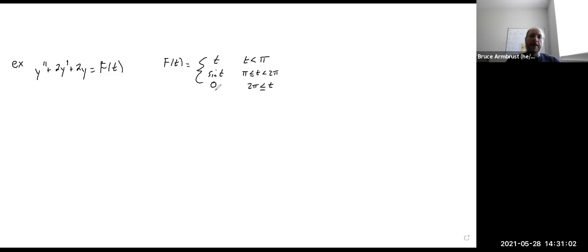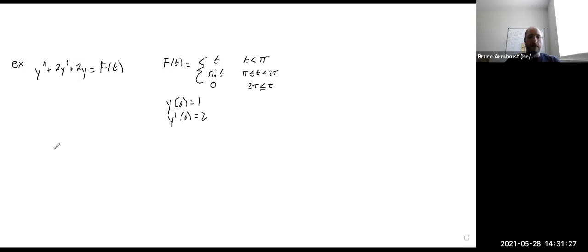And specifically, let's say that this was an initial value problem. All right. So let's just say that y of 0 was 1 and y prime of 0 was 2. So we've got initial conditions. Think about what we could do.